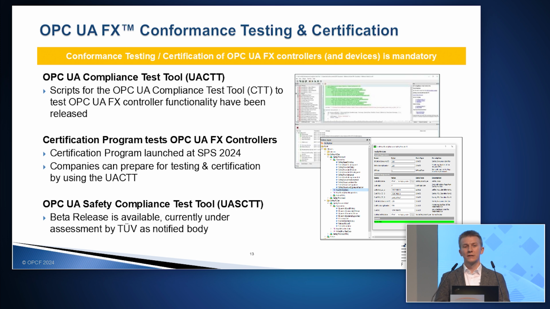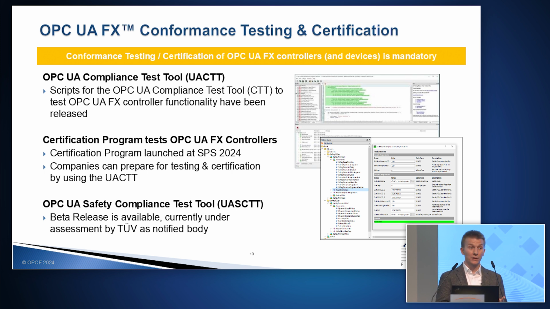Of course, this is nothing that we expect from the OPC Foundation or from the compliance team, that you do all of that manually. In fact, what we have is the compliance test tool, or the UA compliance test tool, the UACTT. That implements several testing scripts which will connect to your automation component, set connections up, do tests for handling the good cases, do tests for handling bad cases.